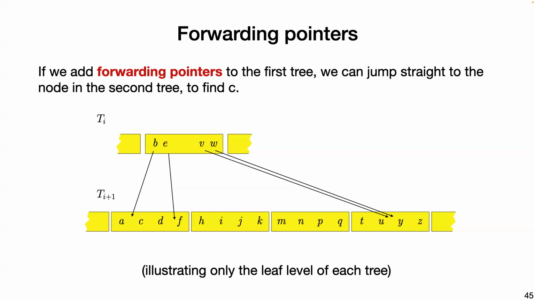Anytime you search C, you should be able to find it faster, because if you have to search this one earlier, then you can follow it closer to C here.